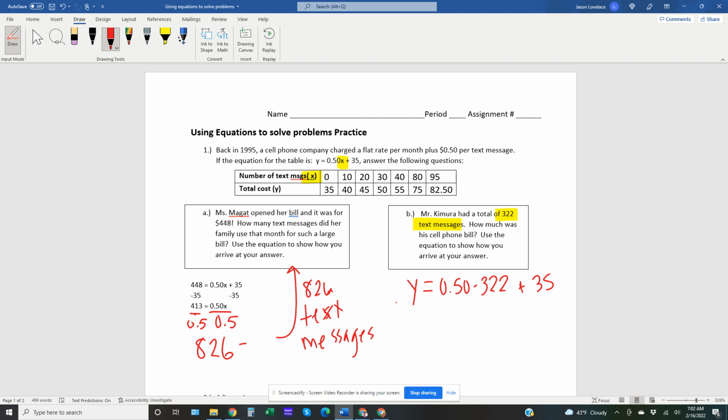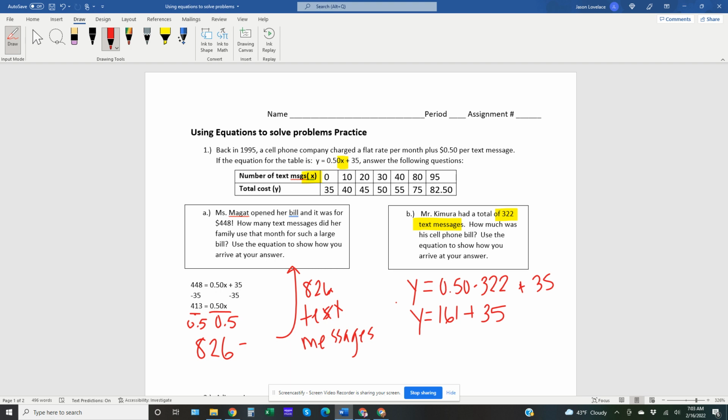Now again, this should be pretty easy. I just need to combine like terms and simplify over on the right. So first, I'm going to do 0.5 times 322, which should give you 161. So I have y equals 161 plus 35.